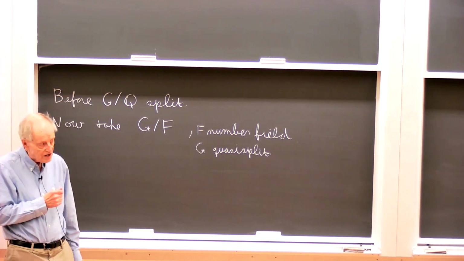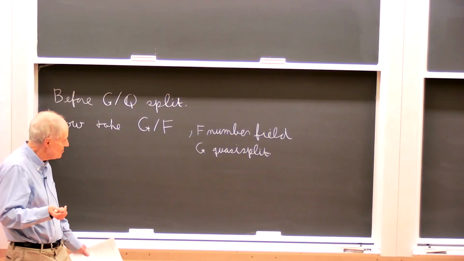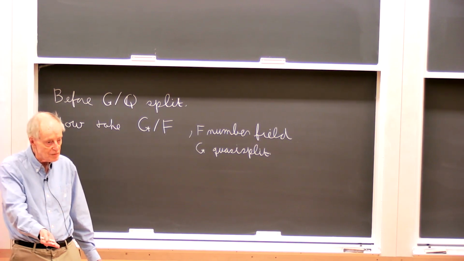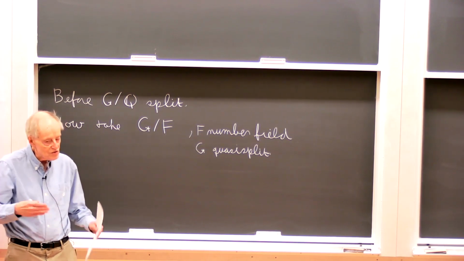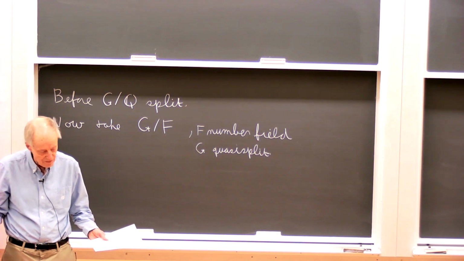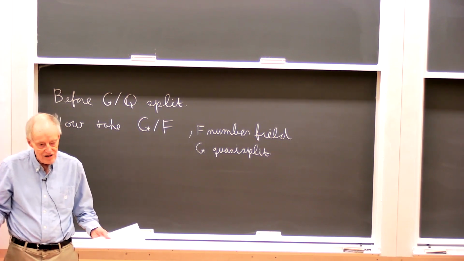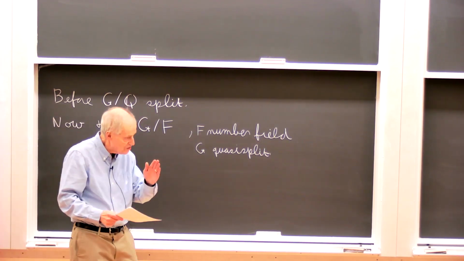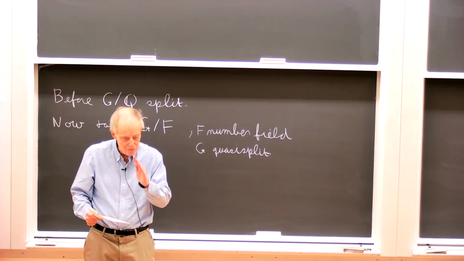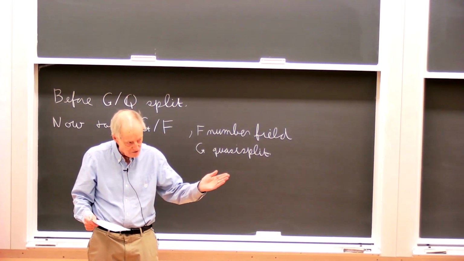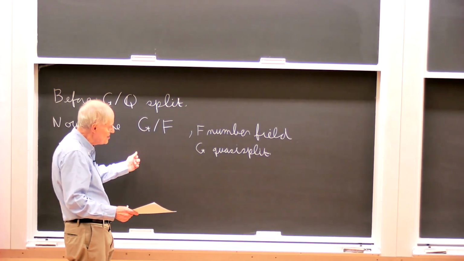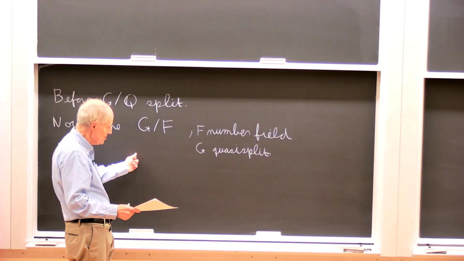You can construct all quasi-split groups, given split groups. Split groups we take for granted. They were constructed by Chevalley. There's a simply connected Chevalley group for every Dynkin-Coxeter diagram.